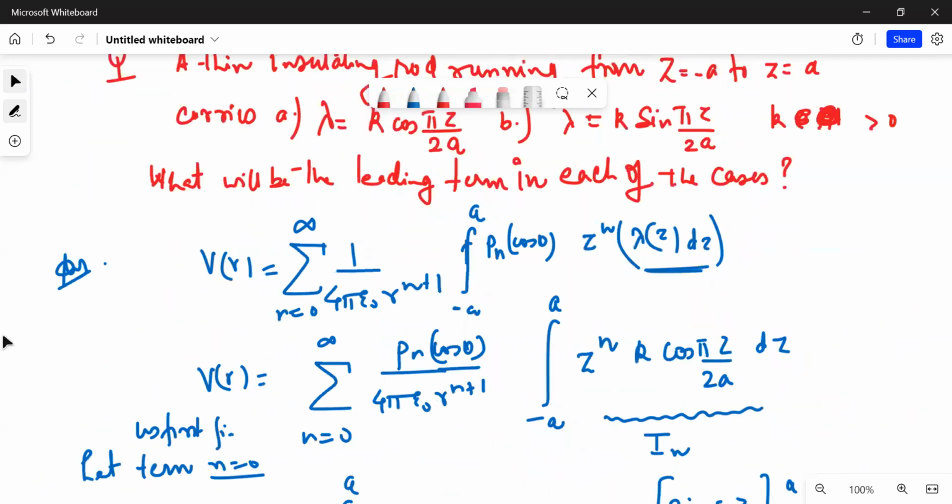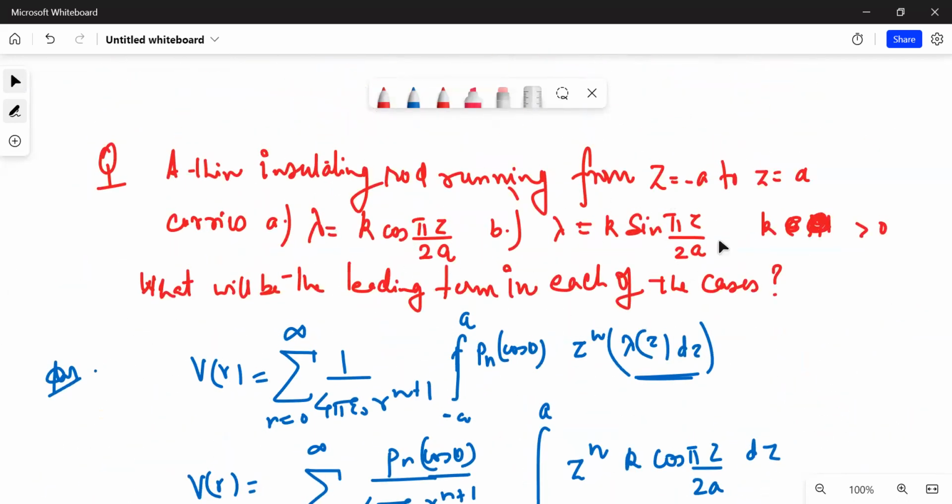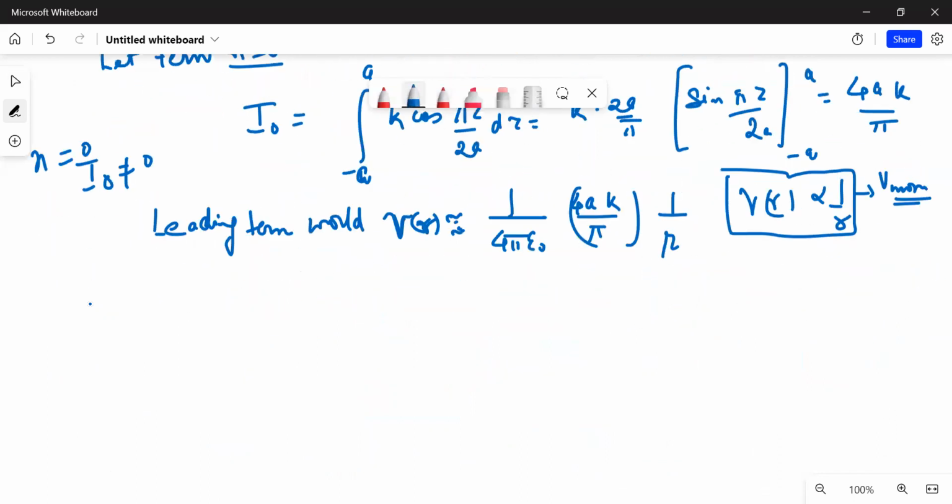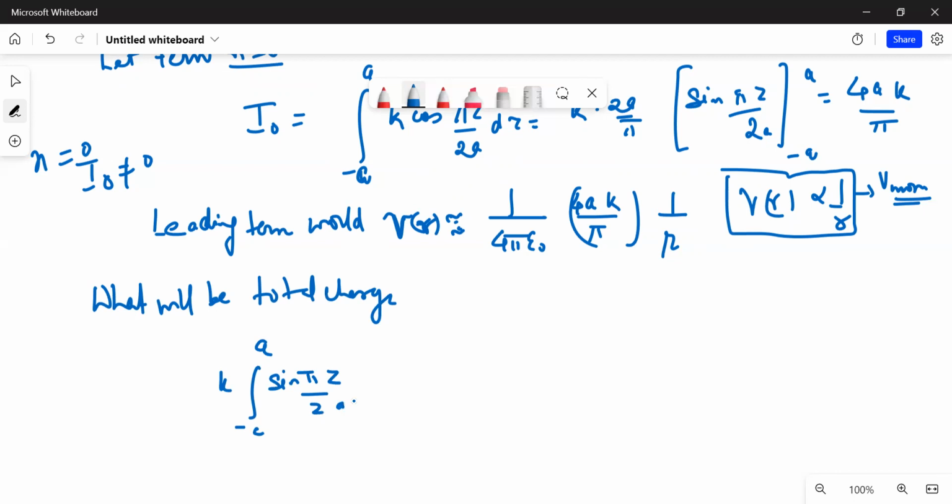Okay, now in the second case, this is k sine pi z upon 2a.